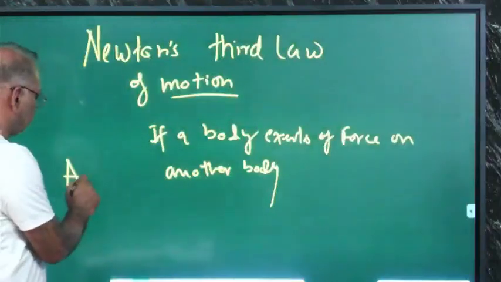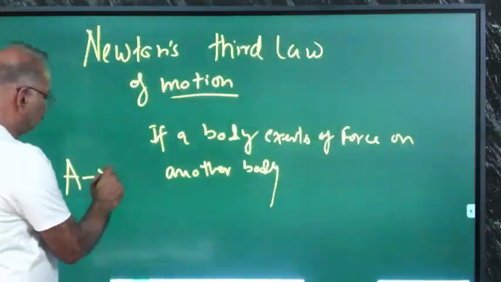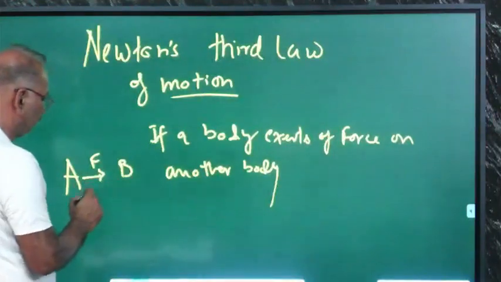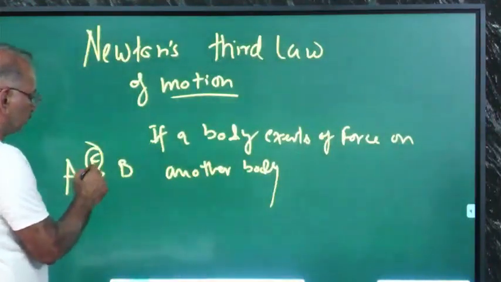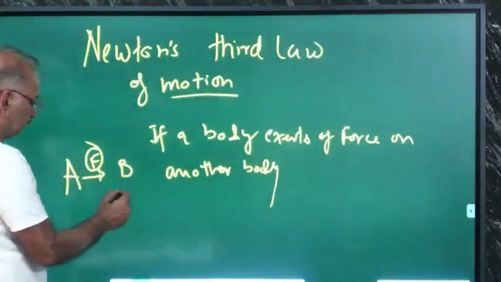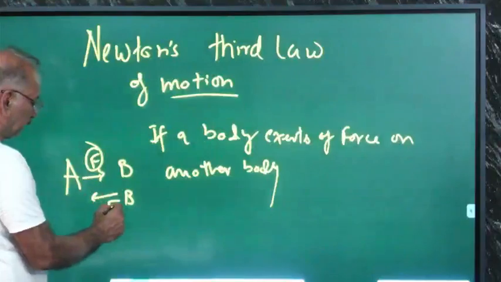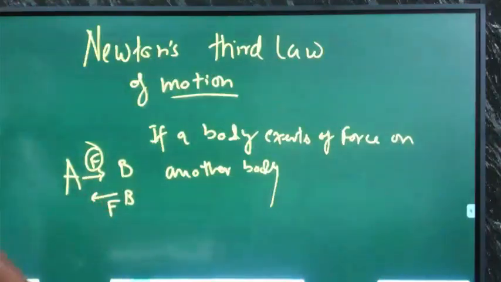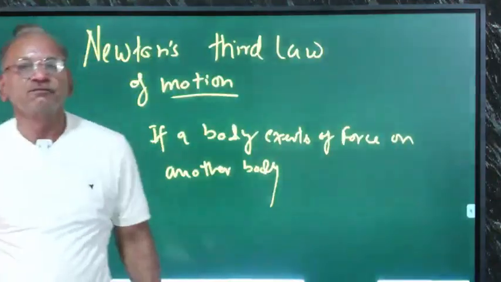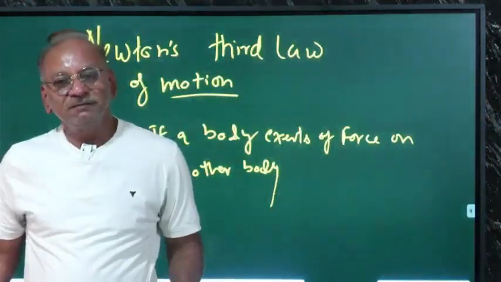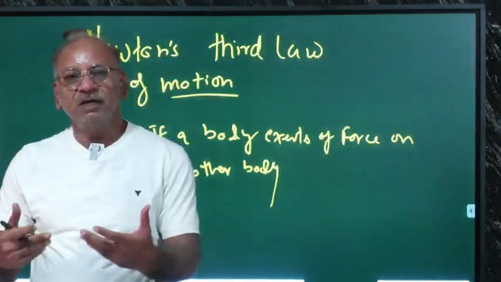Suppose A is putting a force on B, which is F. B is also putting an equal and opposite force, which may be called minus F. Minus F means same magnitude but opposite direction.